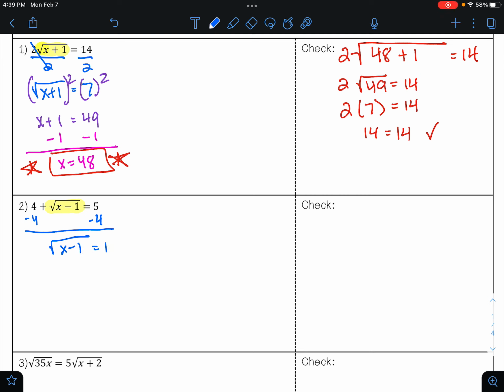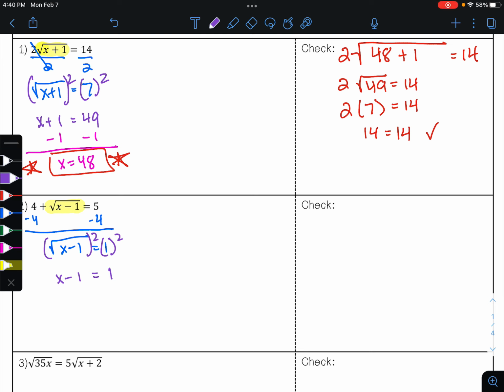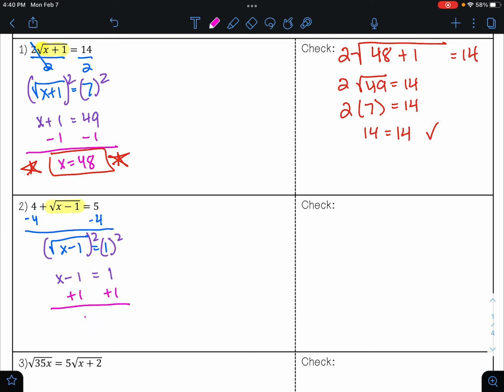Now that my square root is isolated, I can raise each side to the second power. The square undoes the square root, and that leaves me with x minus 1. 1 squared is 1. To solve for x, I'm going to undo a subtraction by adding 1 to both sides, and I will get that x equals 2.